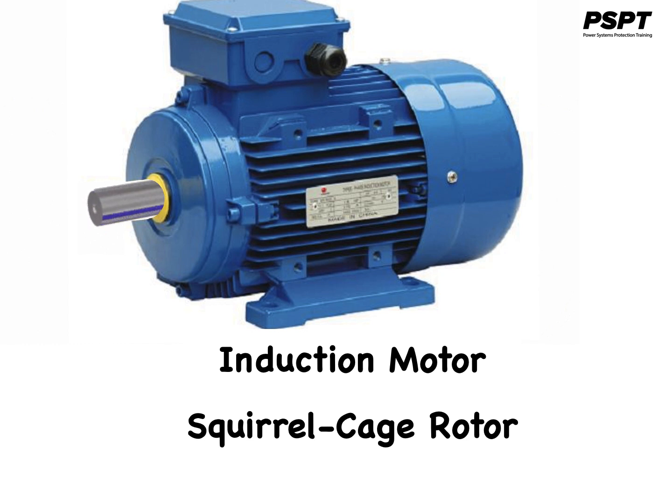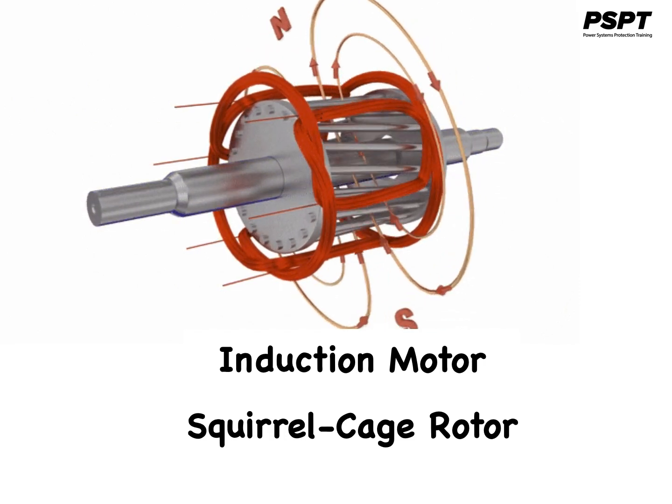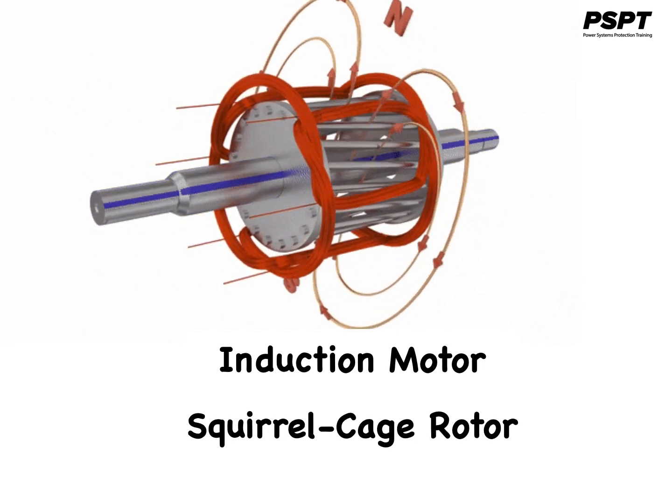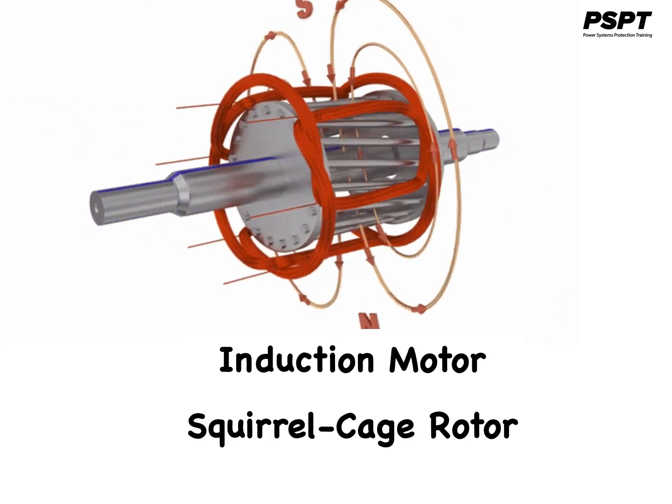The rotor circuit of an induction motor has low resistance and high inductance. At starting, the rotor frequency is equal to the stator frequency, so the rotor reactance is large compared with the rotor resistance. Therefore, rotor current lags the rotor EMF by a large angle. The power factor is low and consequently the starting torque is small.